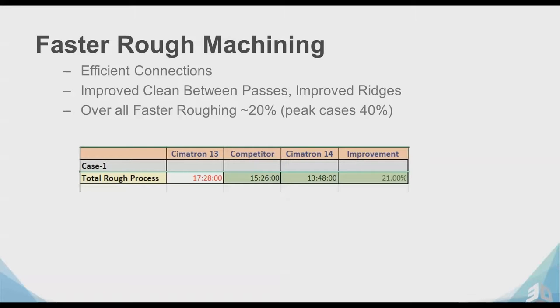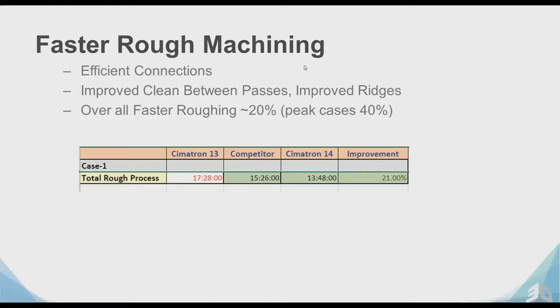Here, let us look at case 1 study. So, customer was cutting a job at a competitor software with 15 hours and a half. So this is a medium-sized job. On Cimatron version 13, it took 17 and a half hours. This is why it is colored in red, because it was not fast enough.